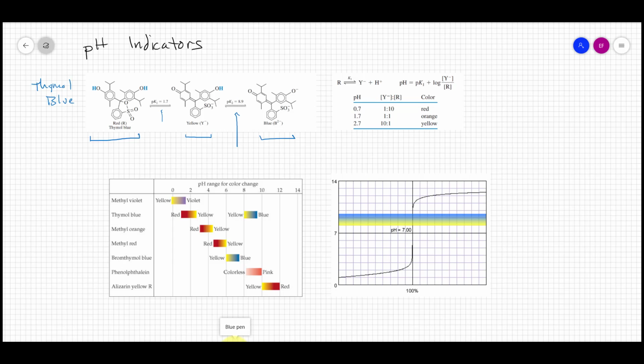So how does this thing work? Well, if you're doing a titration, and maybe you're titrating a weak acid, you would have a curve that looks something like this, where you have pH here, and you've got some milliliters of base that are being added, and you're starting out down here.